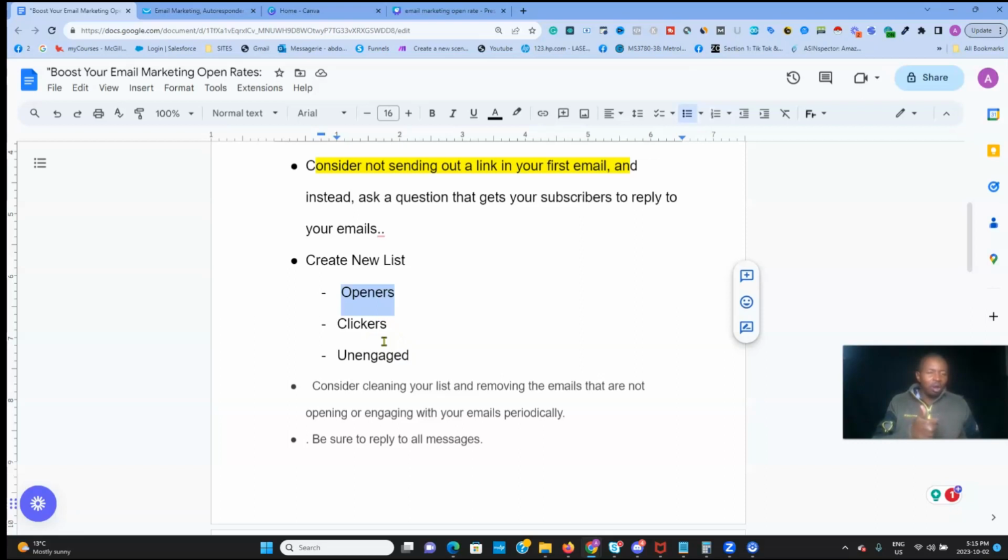Or you send them a friendly email to know if they still want your content, right? If they don't want it, it's okay, you just unsubscribe them. By the way, don't feel bad if somebody is unsubscribing from your list.